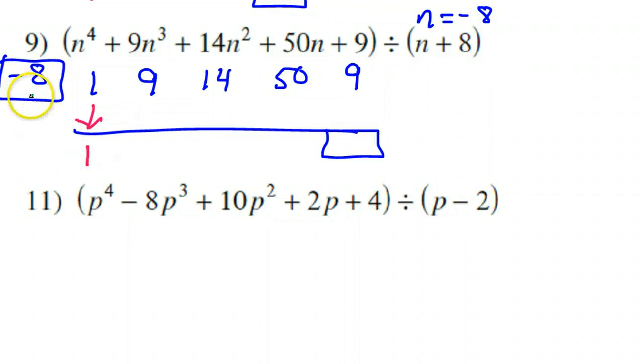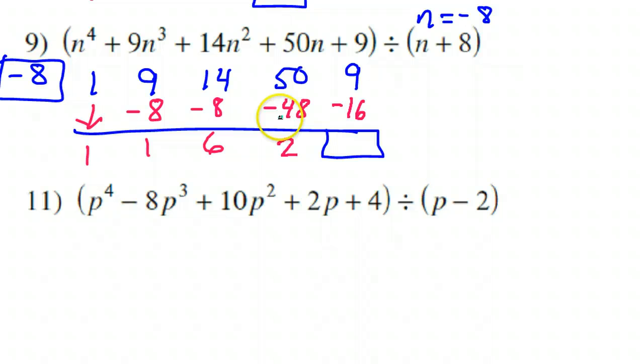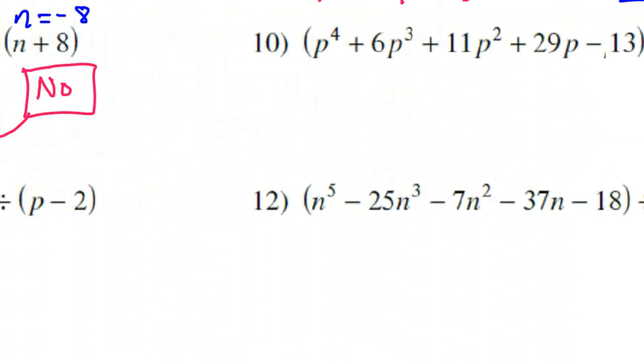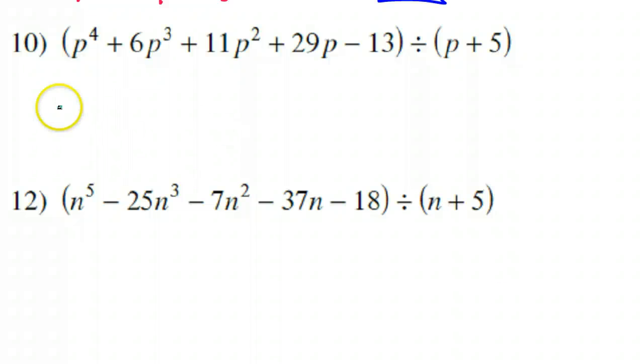So I've got multiply and add, multiply and add, multiply and add, and multiply and add. So that's a no, because that is not a remainder of 0, so it did not divide in evenly.